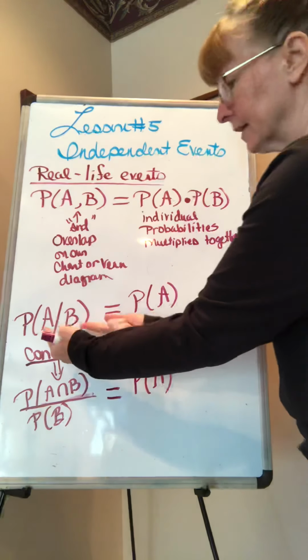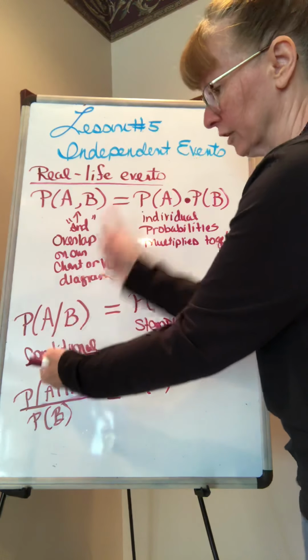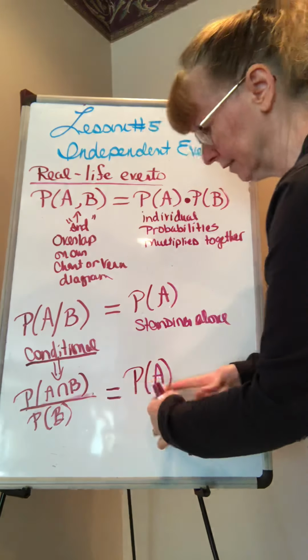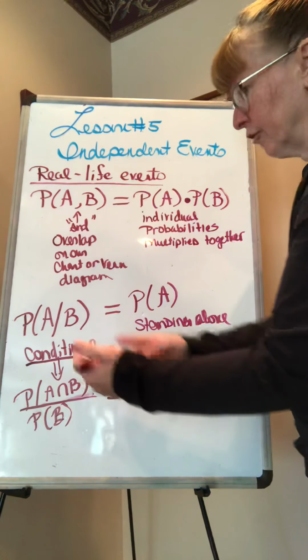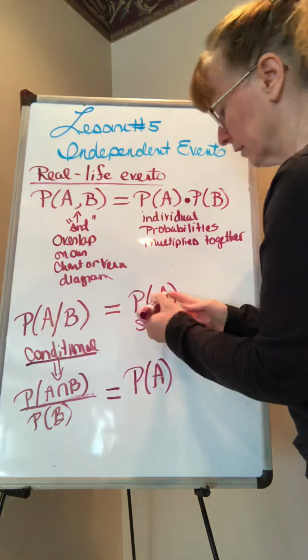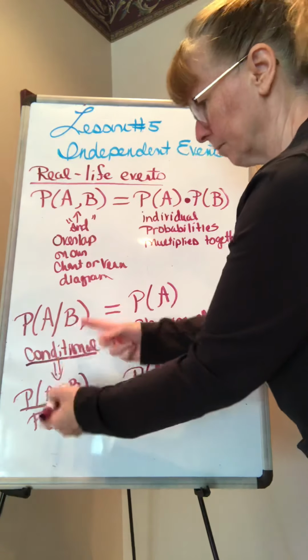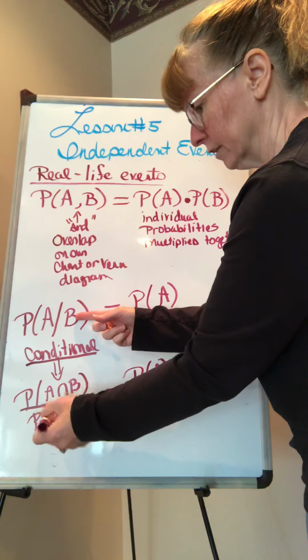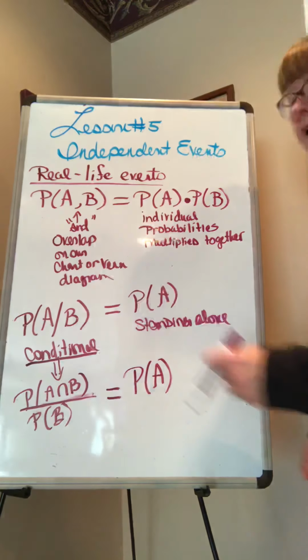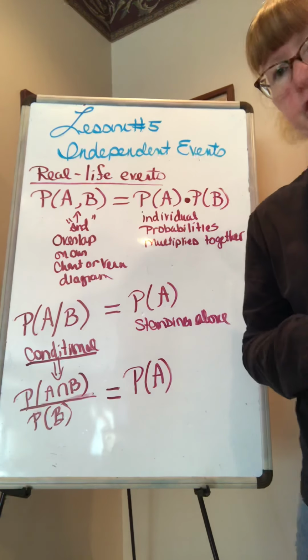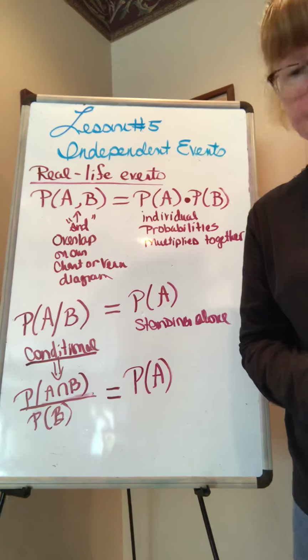So we can write the conditional with the conditional slash, or we can write out exactly what the conditional is. But again, if this guy standing alone is the same as this guy being part of a condition, if they're the same, independent.